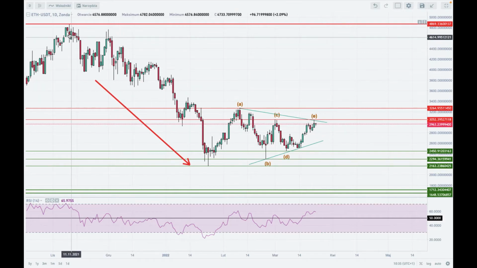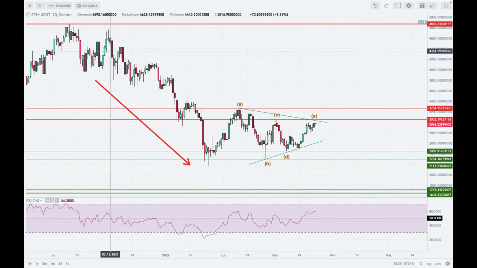So in our case, the high at the level of 4,865 made at the end of November last year was the starting point of this corrective decline towards the level of 2,160. So that was a nice decline, over 50%.